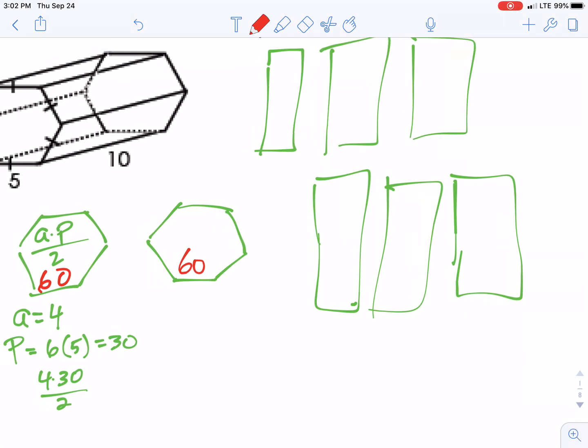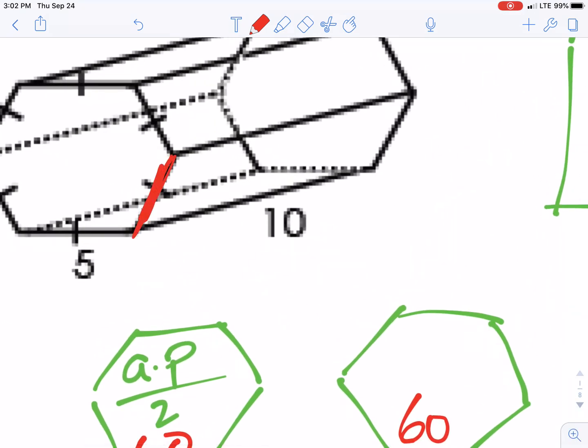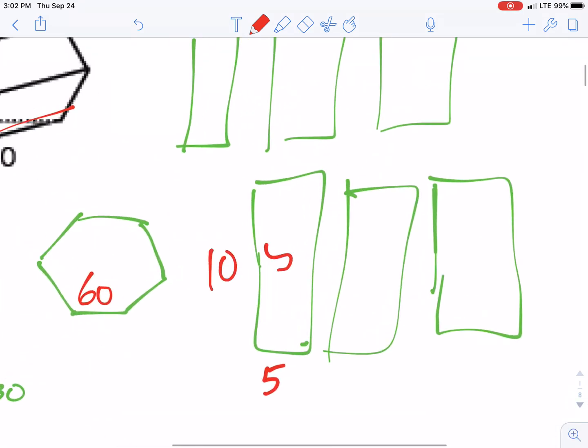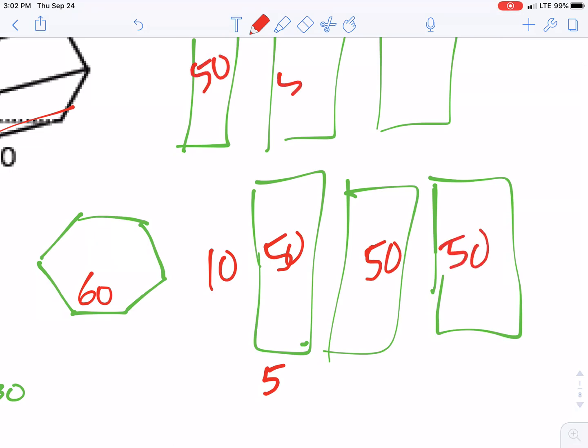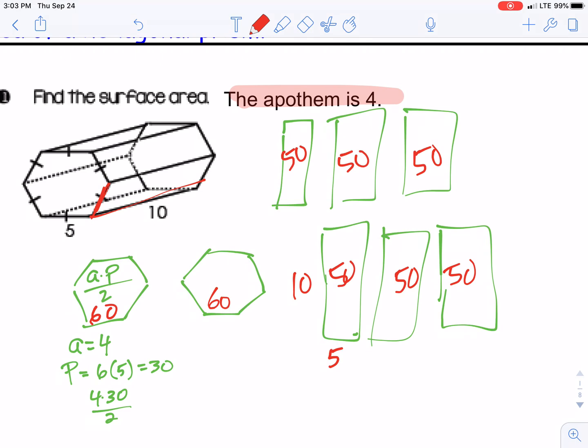I know the short side is 5, and that's coming from this side right here. The long side is 10. So each of these is going to have an area of 50. 5 times 10 is 50. And again, since there are 6 sides to my base, I'm going to have 6 of these rectangles.